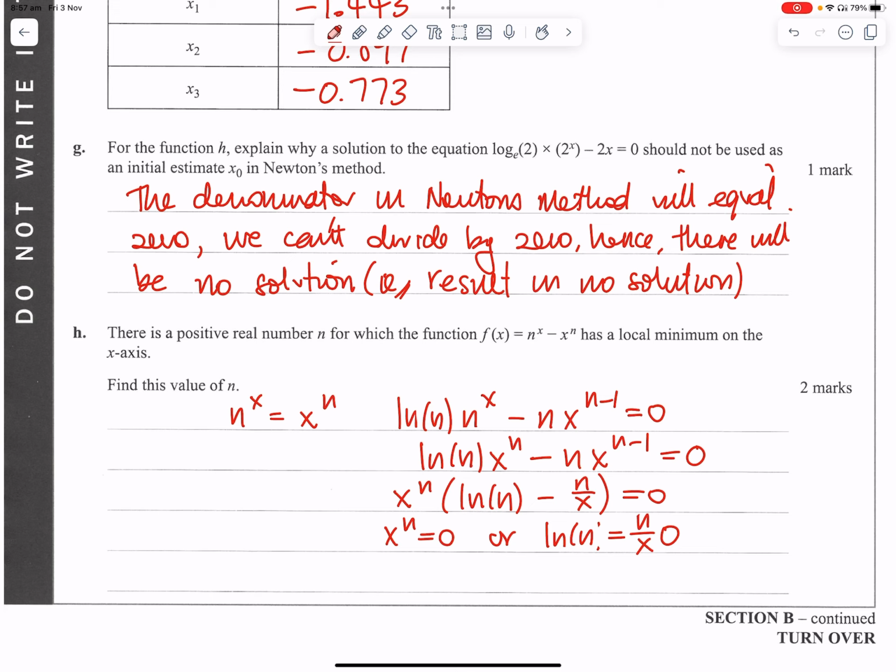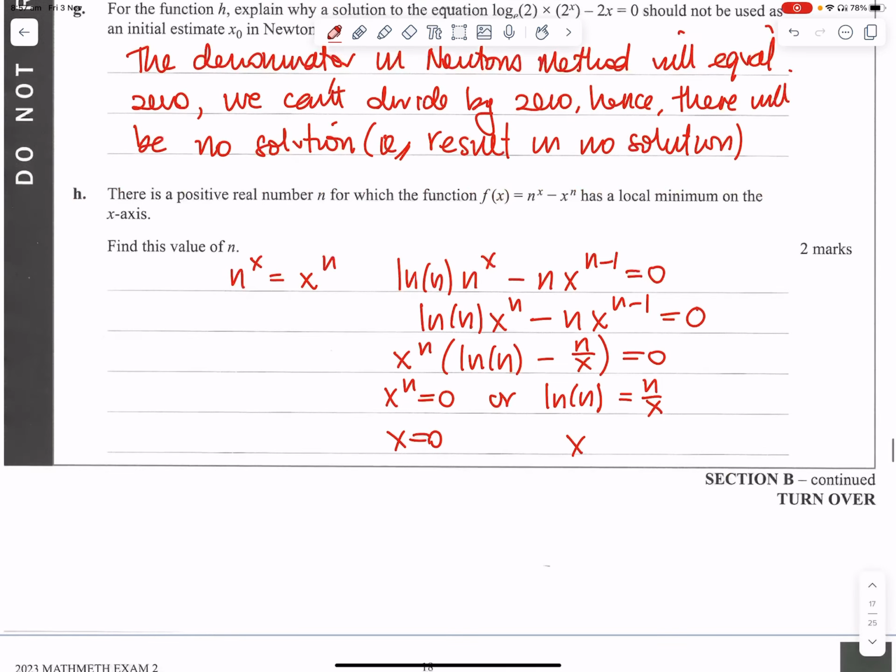Log e n, so bring that to the other side, n over x. So this one we know x could equal 0. Here, if we switch them, we get x is equal to n over log e n.